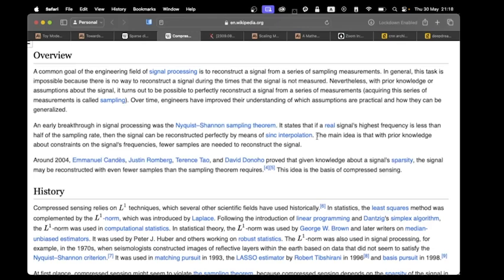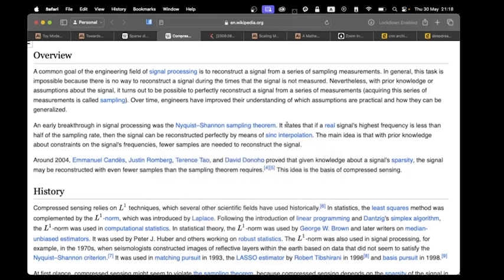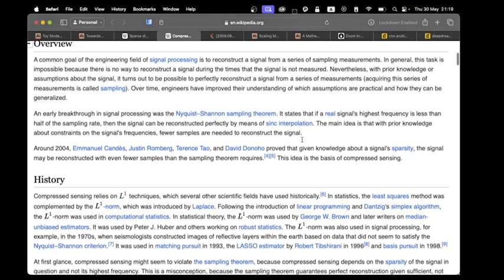That, like, if the signal is bounded, then this gives us a perfect interpolation with a given number of samples. I think this translates the bound on the signal frequency into the bound of the number of samples. I think something like that. Yeah.